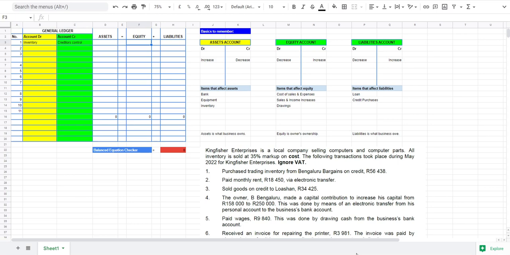Then under assets we record 56,438, and under liabilities as well, we record 56,438.